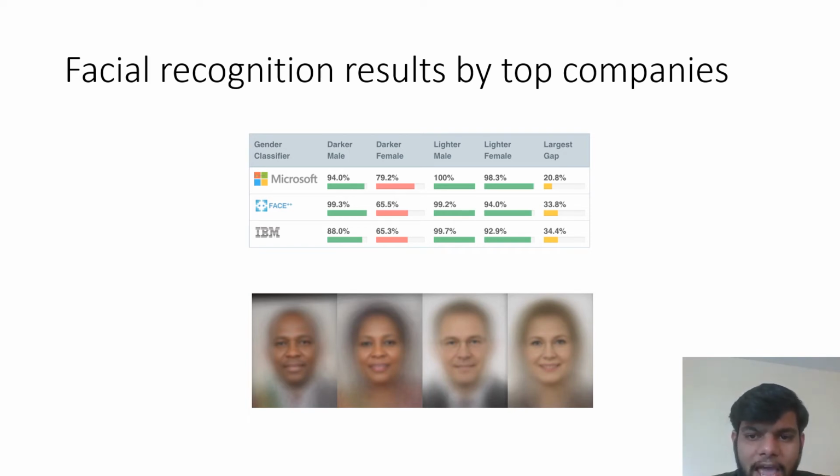The largest gap in accuracy across categories was from IBM. It shows a 34.4% gap, providing 99.7% accuracy for lighter males, but the lowest accuracy was 65.3% for darker females. This data shows that there was a bias not only between genders but also between the races of individuals.